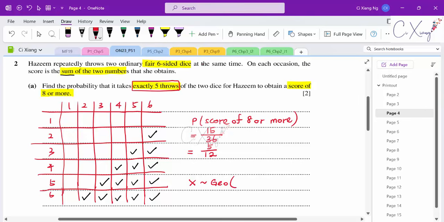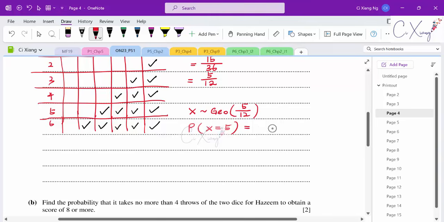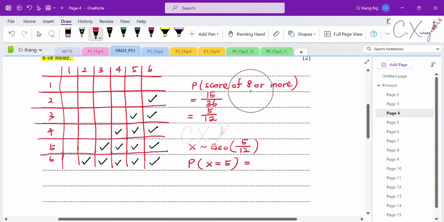What is the P, the probability for the geometric distribution here? It is the probability that we get a score of 8 or more, so it will be 5 over 12. And they are asking for the probability of X equals 5. Exactly 5 throws, so the number of throws equals 5. Which means that the first 4 throws do not obtain 8 or more.